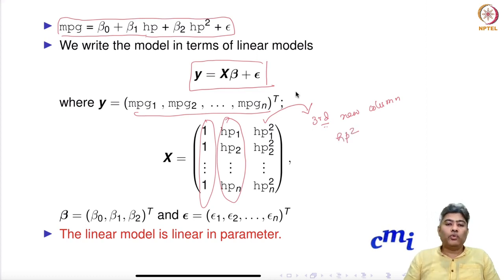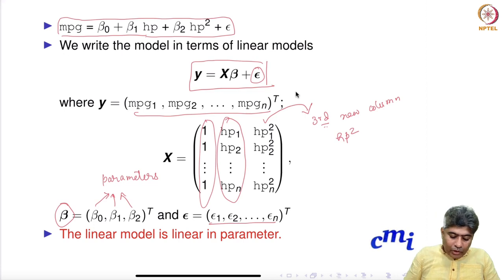We are engineering this new column. The rest is as usual. Beta is my regression coefficient, which has three parameters, and epsilon is the n-dimensional vector of errors.